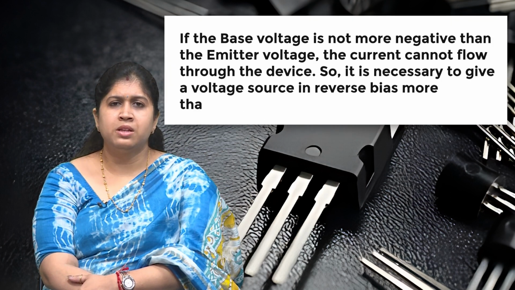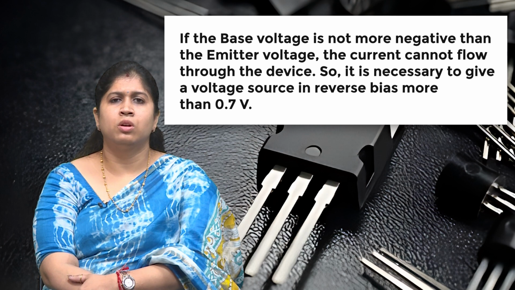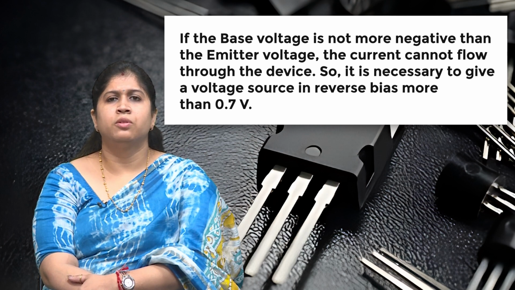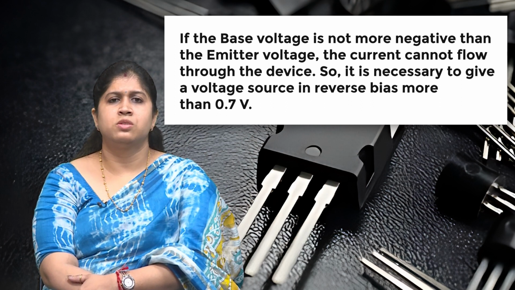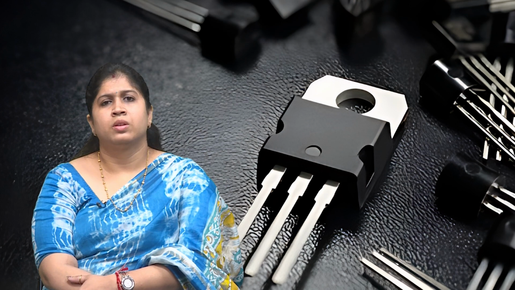If the base voltage is not more negative than the emitter voltage, the current cannot flow through the device. So, it is necessary to give a voltage source in forward bias of more than 0.7 volt.